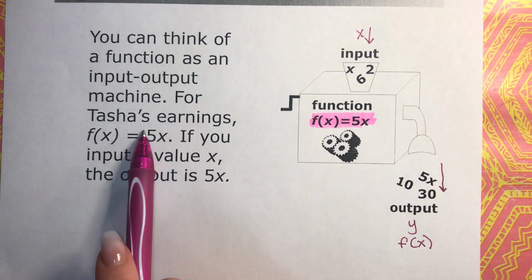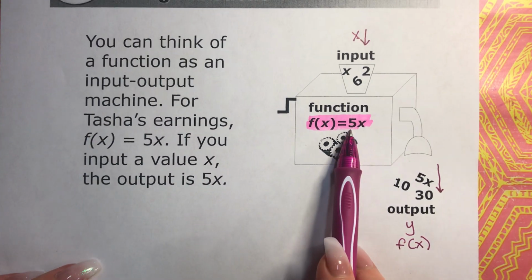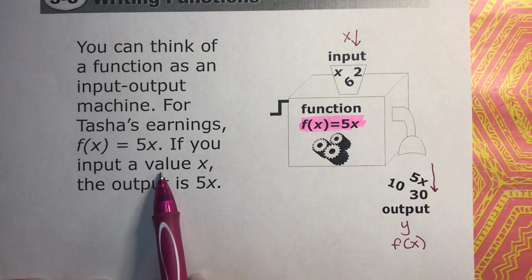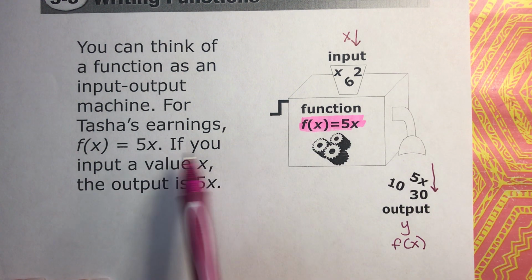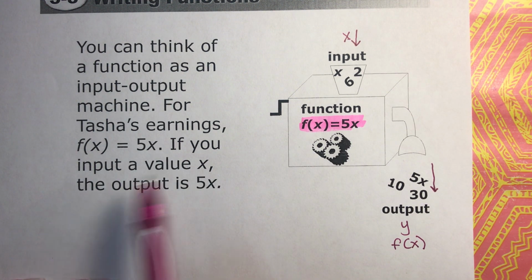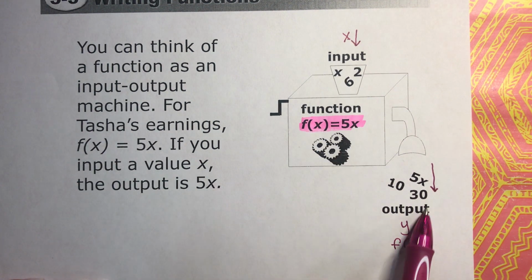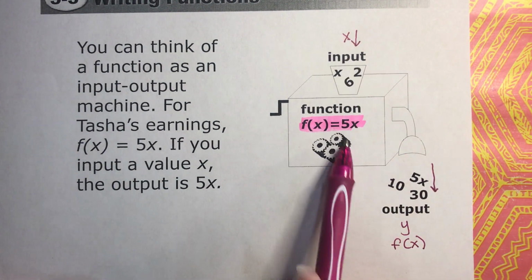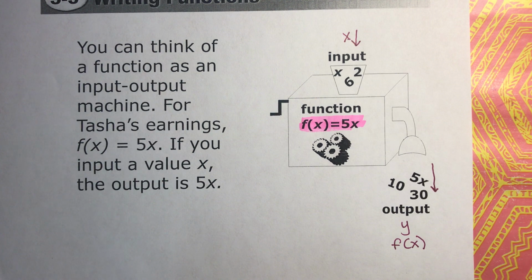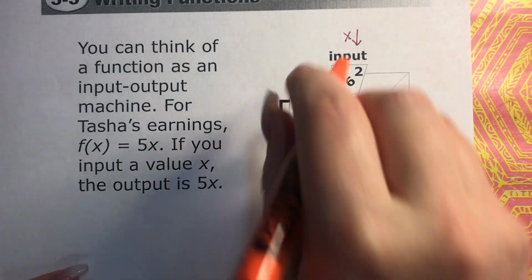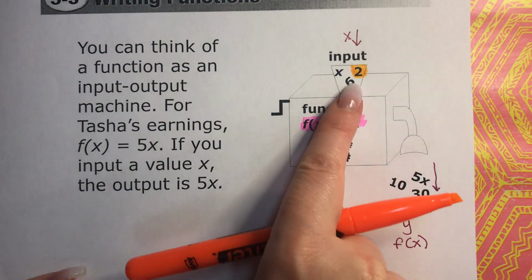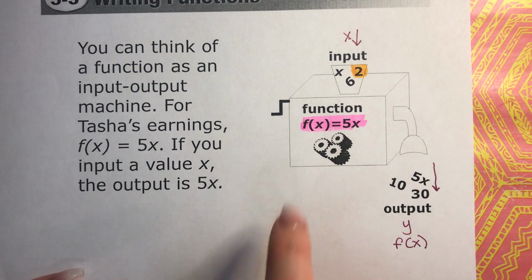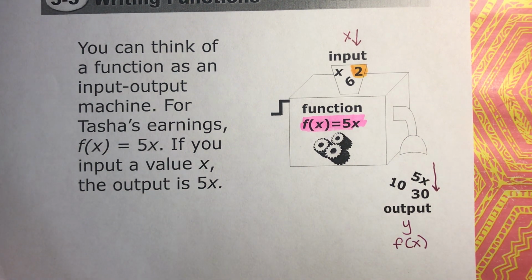Okay, so what this says on the left is you can think of a function as an input-output machine. For example, Tasha's earnings, f of x equals 5x. If you input a value x, the output is f of x. So if you put x in there, you get out f of x, right? So let's see what happens if you put in the value of 2. When you put 2 in, 2 goes in for x.